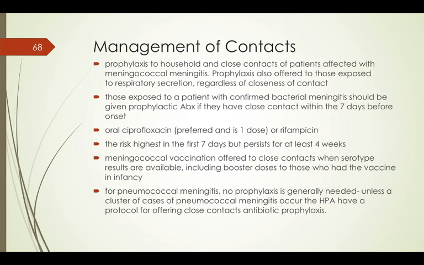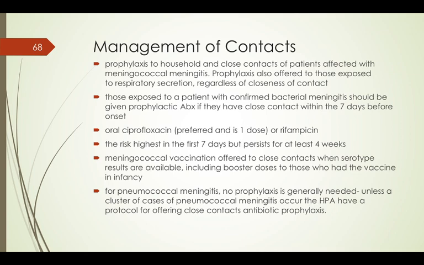In terms of treating the patients with meningitis, we've covered that, but how about managing a patient's loved ones, those in close contact with the patient? We can give prophylaxis to those who have been exposed to respiratory secretions of the patient, and the antibiotic of choice is ciprofloxacin.